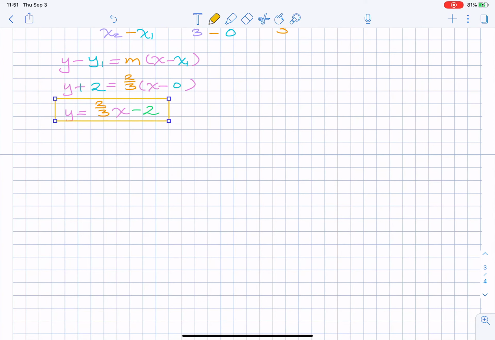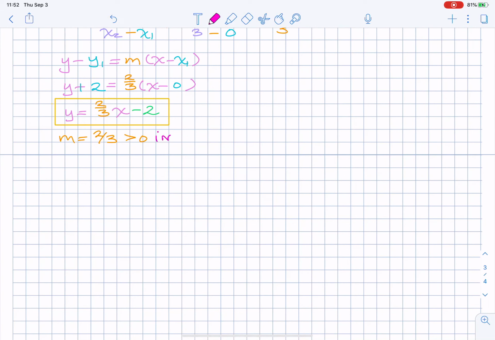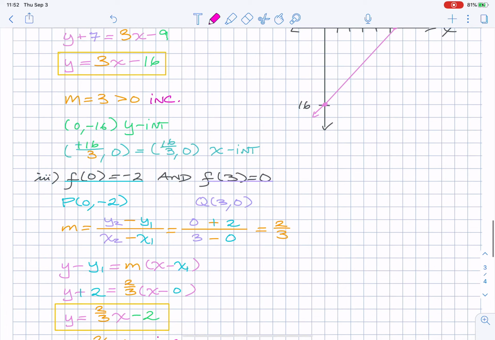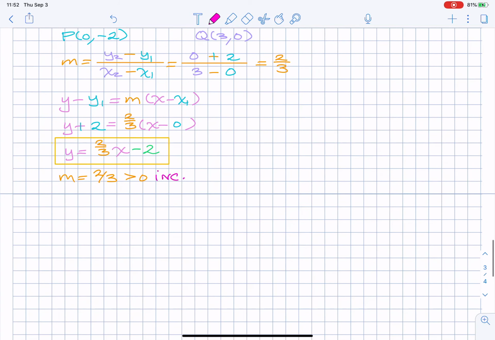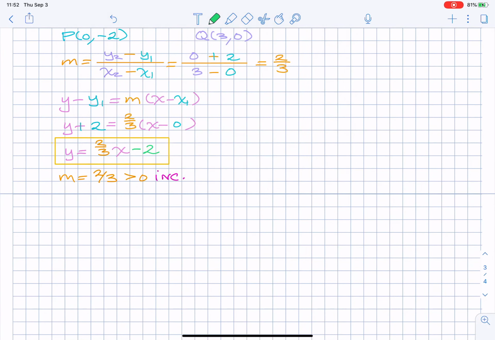So we know our slope is 2/3, which is greater than 0, so that's increasing. I'm going to see if I can put this on here. Maybe not. Well, my y-intercept is 0, negative 2. It's the y-intercept.